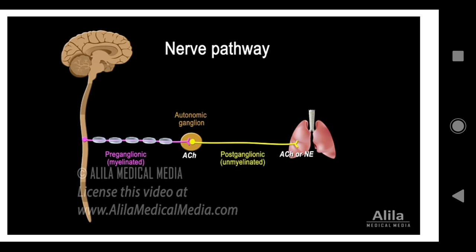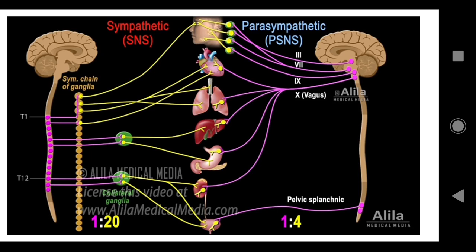See, one is covered and one is uncovered. Two neurons are there: one is coming and making a junction, and that junction is called the autonomic ganglion. With the help of this chart you will also understand where the nerves arise from in the sympathetic and from where in the parasympathetic.